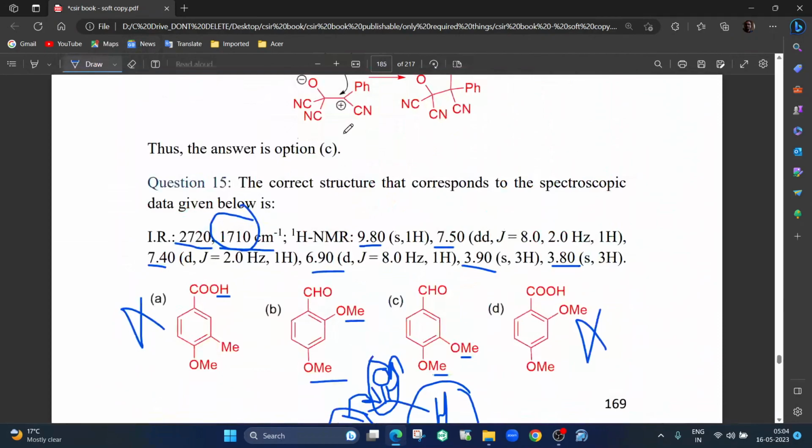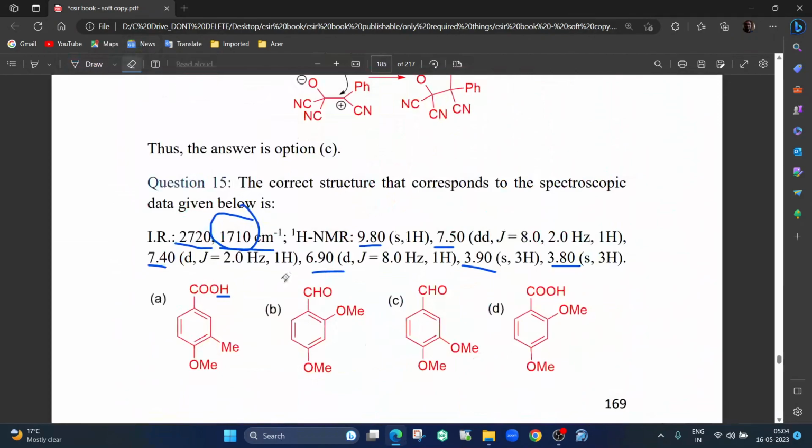So what we are bothered about is only molecule B and C. Okay, so let's delete everything and try to look at molecule B and C. Now if you look, both of them have three protons, right?